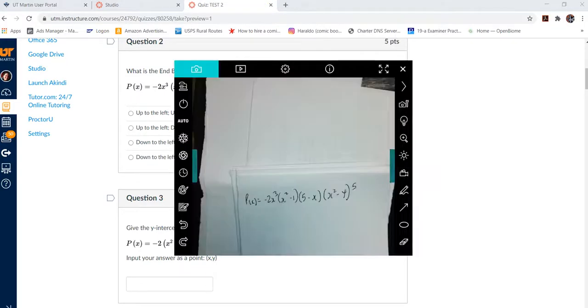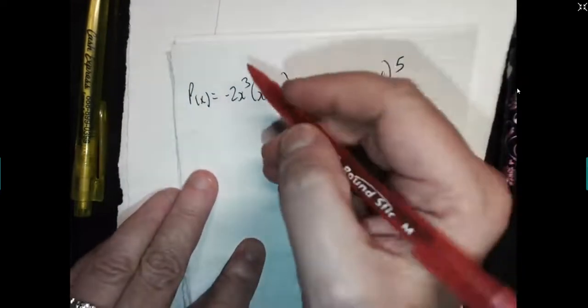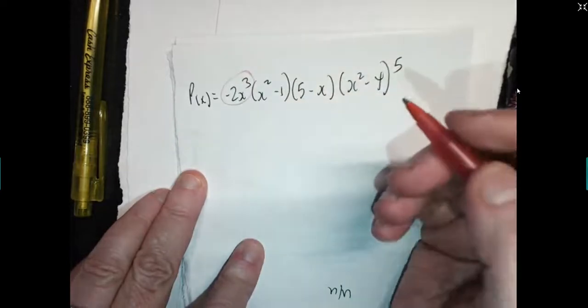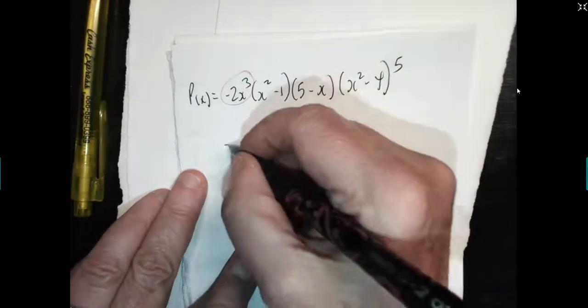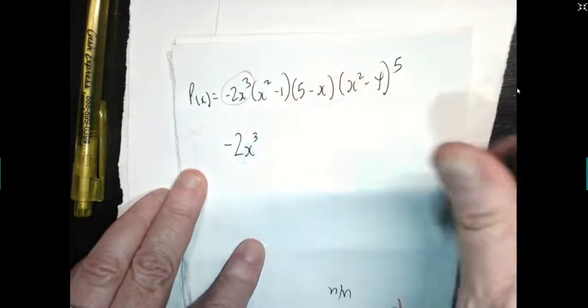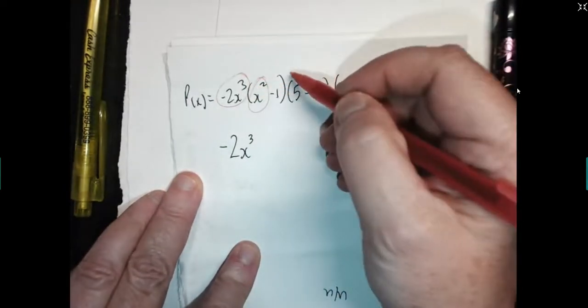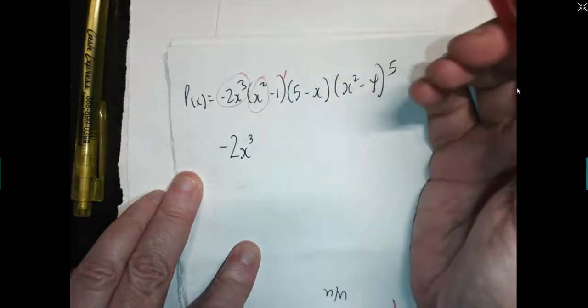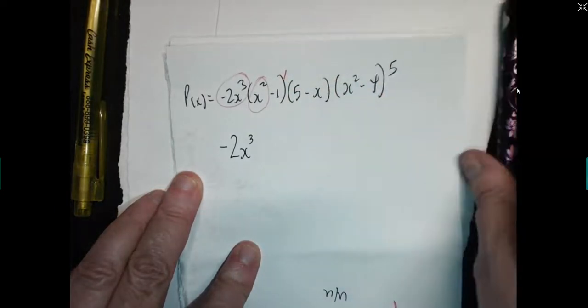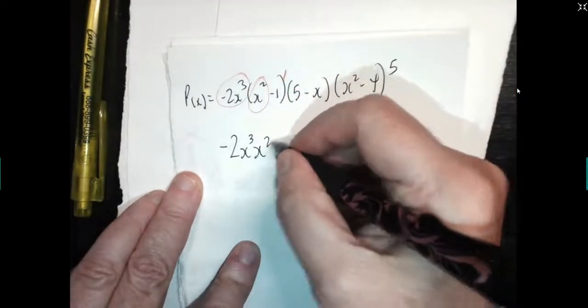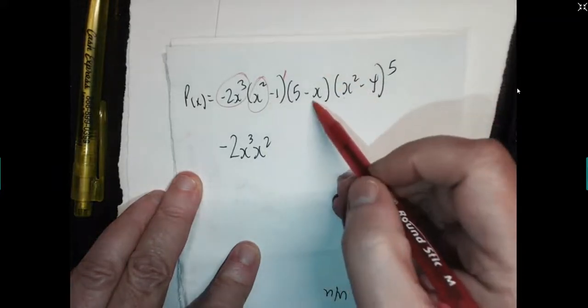Okay, so if I'm going to get the end behavior of this, I'm going to need the leading terms. So I'm going to get whatever out the front. So that's negative 2x cubed times the leading term inside the parentheses to the power outside, and it's understood the power is 1, so x squared to the 1st power, times the leading term inside here.